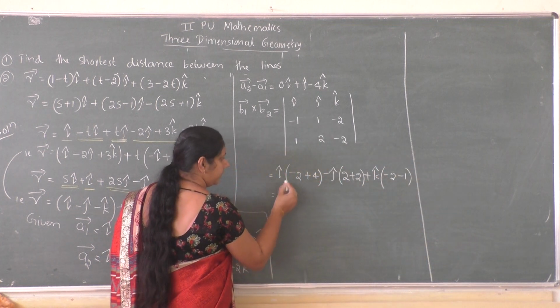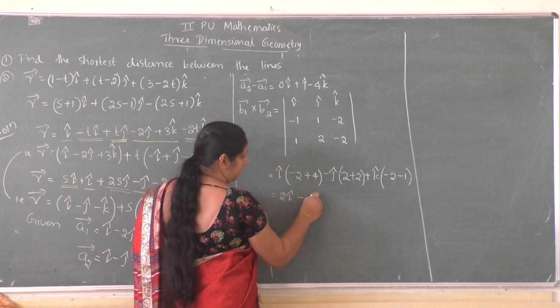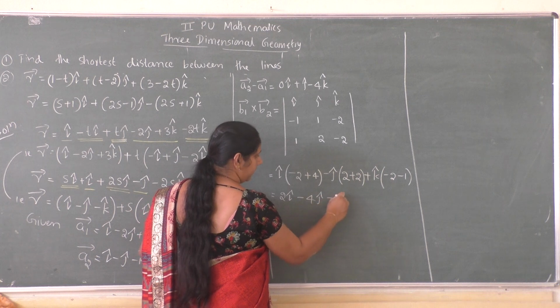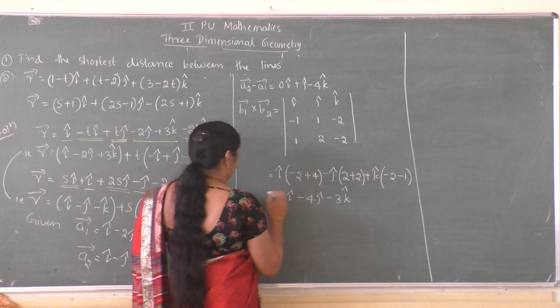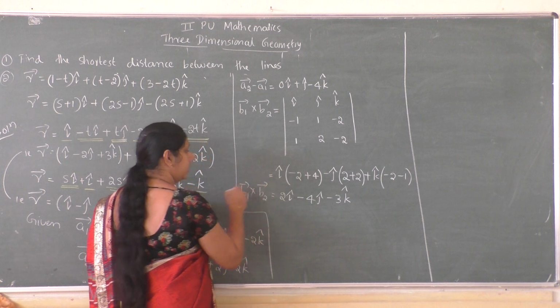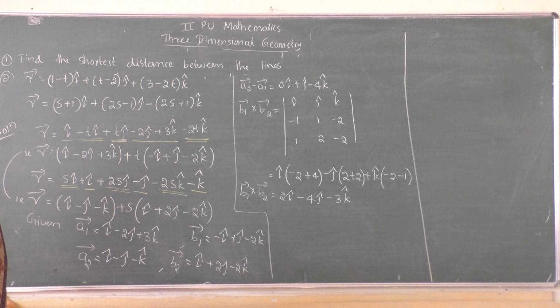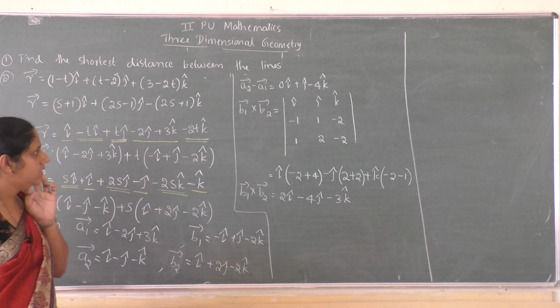So how much? 4 minus 2, that is 2 i cap, minus 4 j cap, minus 3 k cap. So b1 vector cross b2 vector is 2 i cap minus 4 j cap and minus 3 k cap.